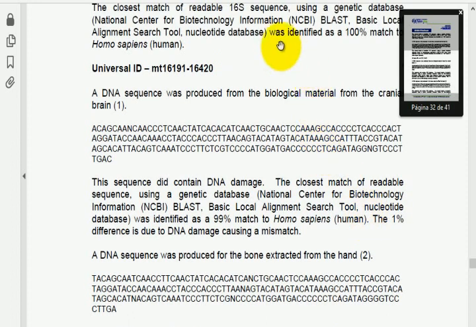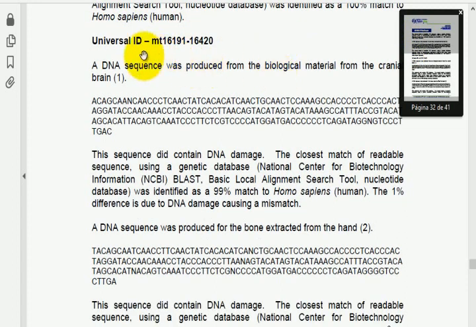Remember, Maria was identified as a 100% match to Homo sapiens, and in the results, the 1% difference is due to DNA damage causing a mismatch. Then, Maria is human. The 1% is not related to mouse.